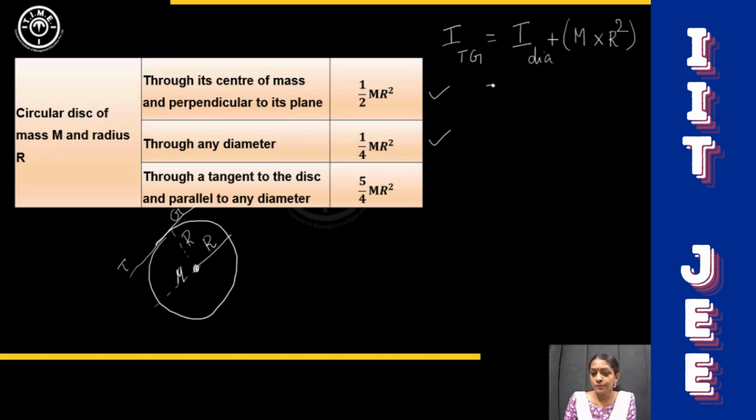So in the next step, you can give the substitution for I diameter, which is mr square by 4 plus mr square. So this will give you 5 by 4 mr square as the equation to find the moment of inertia of a disk about a tangential axis parallel to its diameter. So hope now it is clear for you how to apply parallel axis theorem.